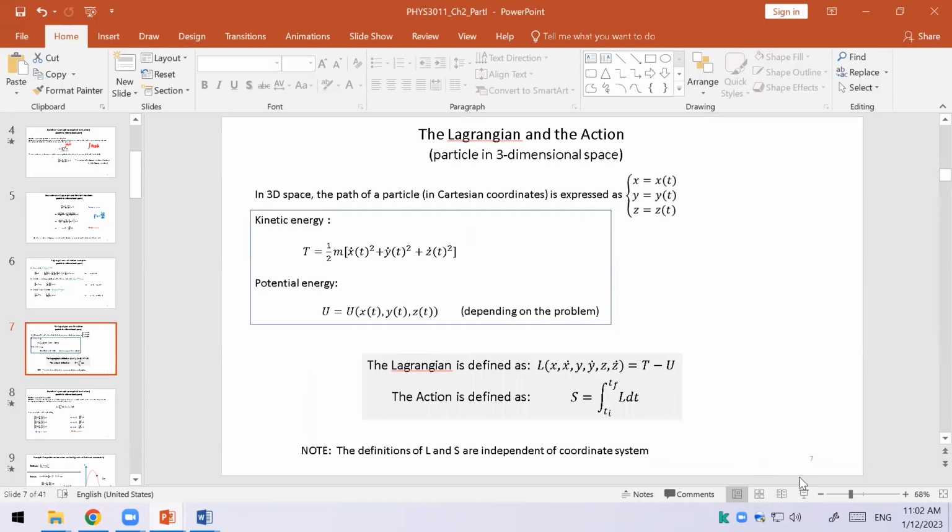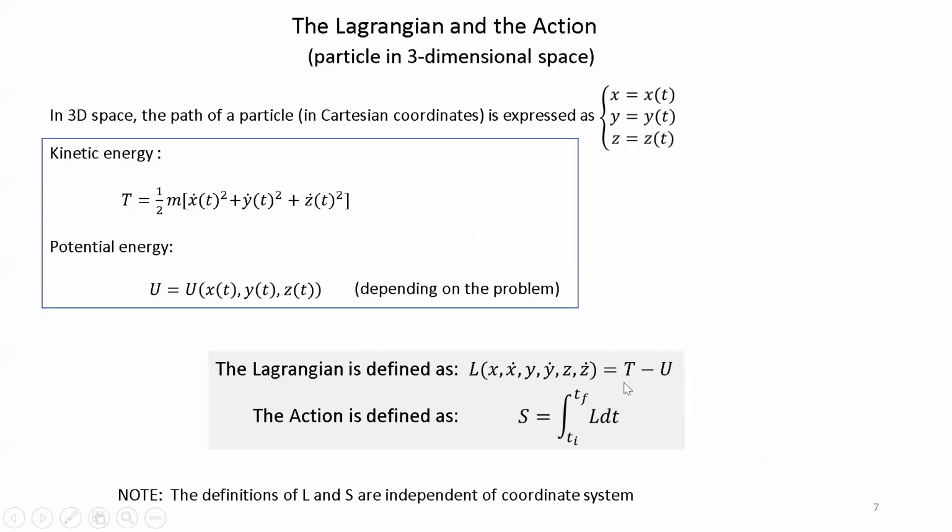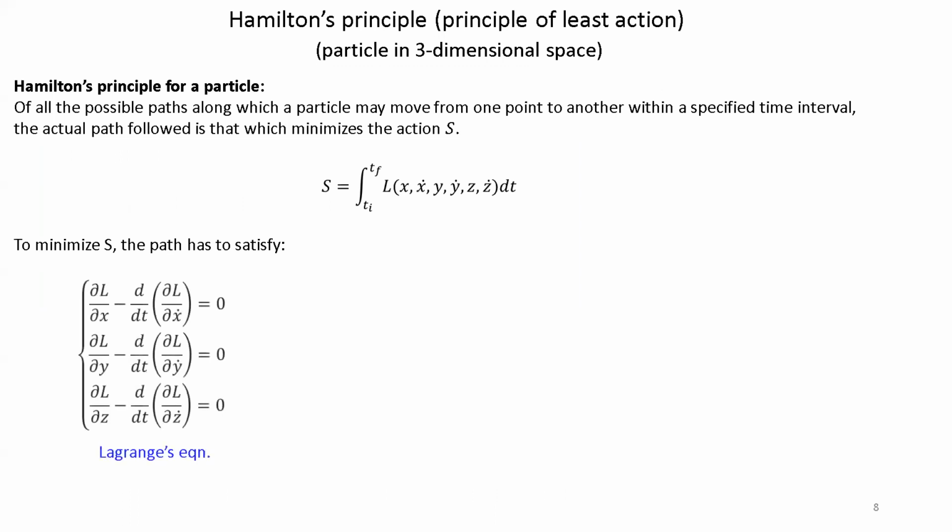So here, how many independent variables do we have? That will be 3: x, y, and z. In this case, maybe it's not surprising to you that we will have to write down 3 Lagrange equations of motion: the Lagrange equation of motion for x, for y, and for z.